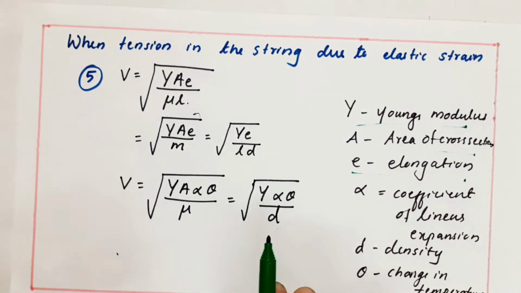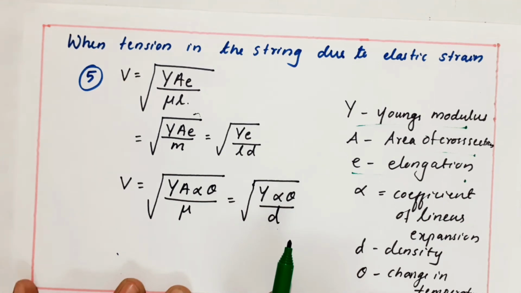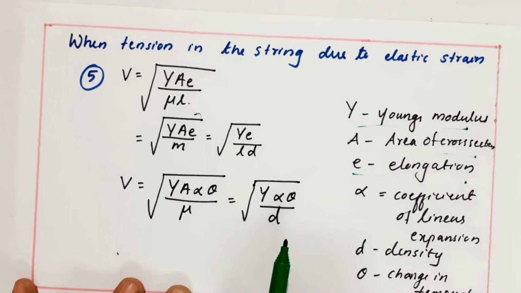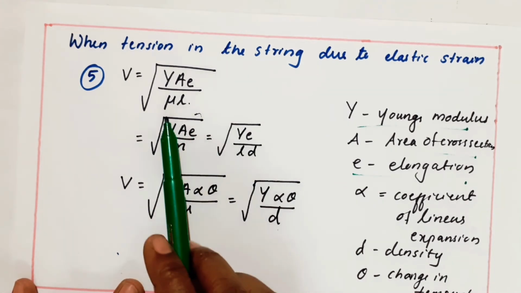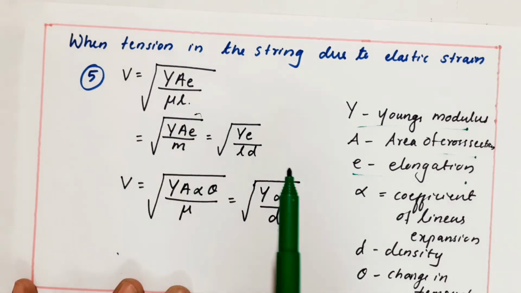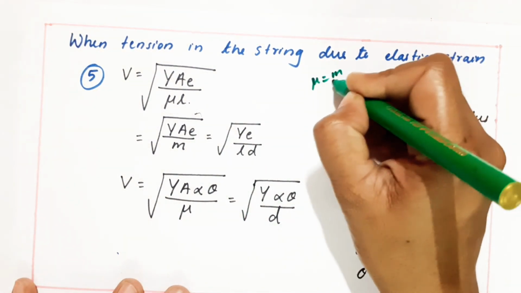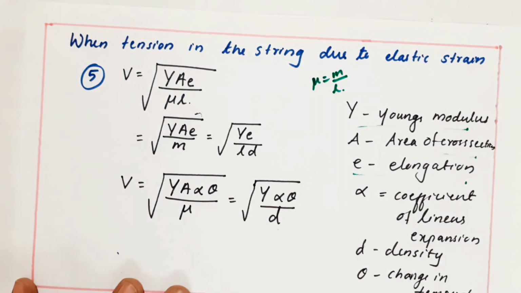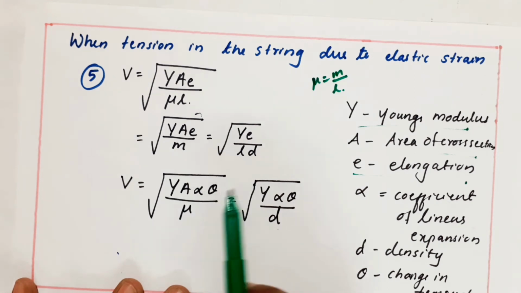Even you can write it in another form, because already we told mu we can write in terms of A into D. Mu is equal to A into D. So the equation changes as YAe by mu L. Mu we can write in the form of M, because mu is M by L. So mu L is nothing but M. And mass we can write as density into volume, and volume is area into length, so the A's get cancelled.